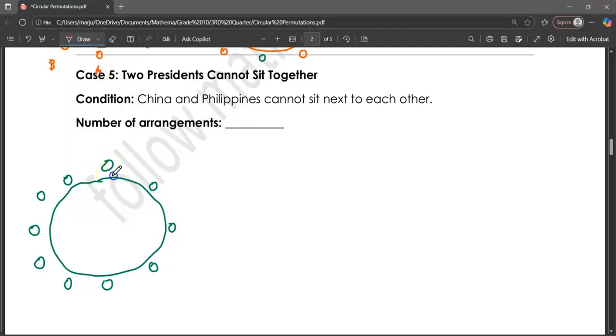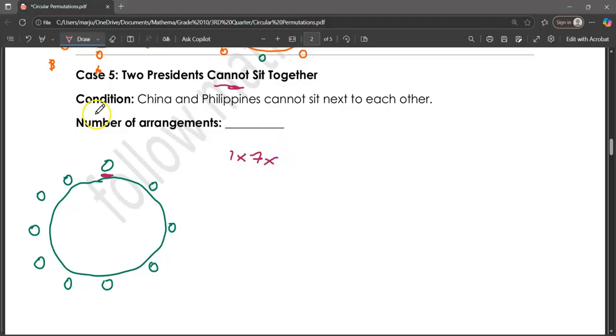So let's say we fix this one. We have one way to do that, times how many ways can we arrange China and Philippines. For example, say this is China here. Philippines cannot sit beside China, so Philippines can be here, here, here, here, here, or here. So there are 1, 2, 3, 4, 5, 6, 7 ways to do that. So we have times 7, not 7 factorial, but 7 ways.